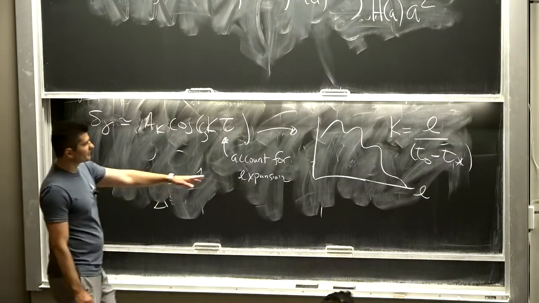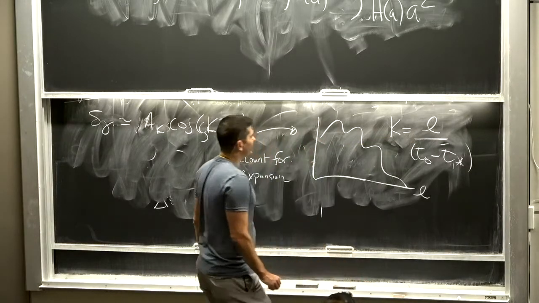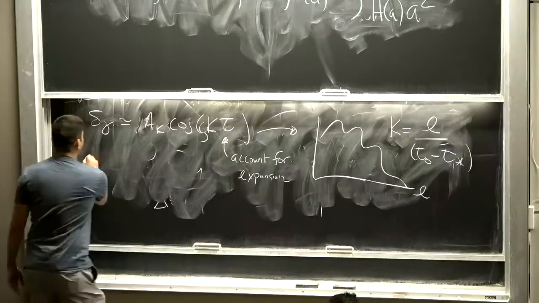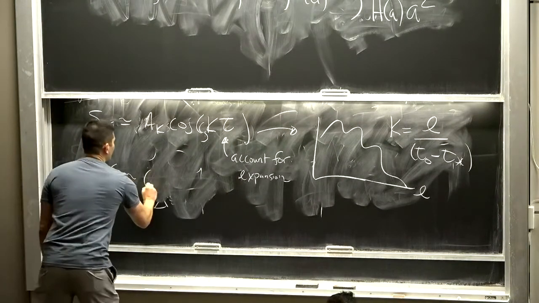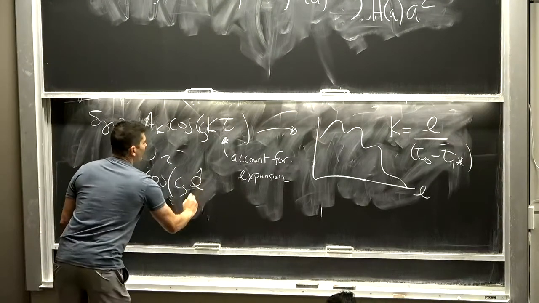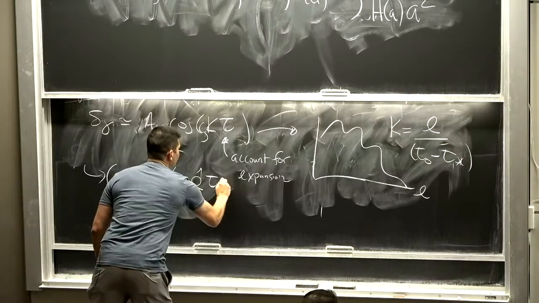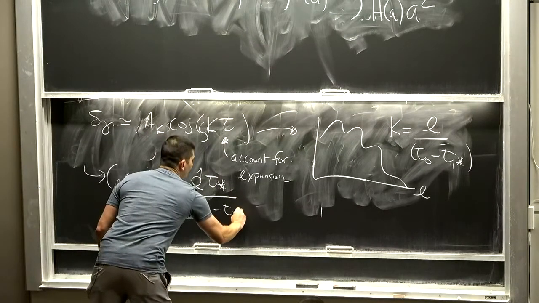So this tells us then that the peaks in L are related to, so if I translate, that means that the C_Ls are approximately cosine squared of c_s L times tau of recombination divided by tau today minus tau at recombination.